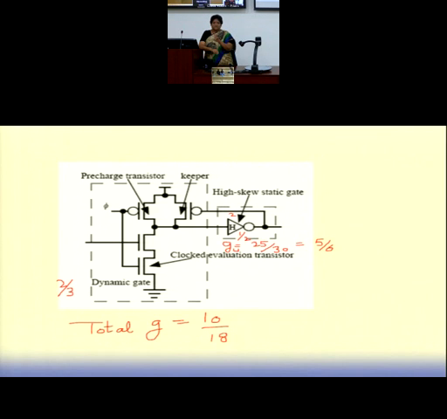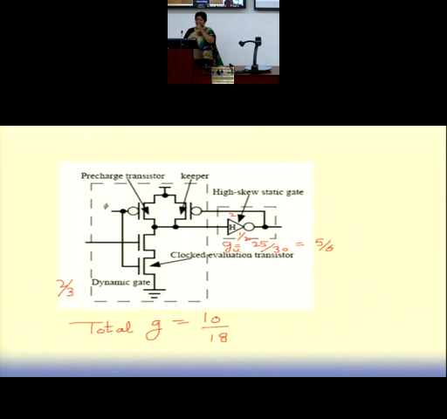My total G will be the combination of the G's of the 2 stages, which is nothing but, according to my path, a path of 2 gates. So total G will be G1 into G2. That is how we find the G value of any domino gate. We compute the G for each and then we multiply them together.